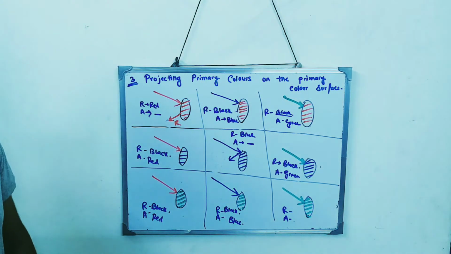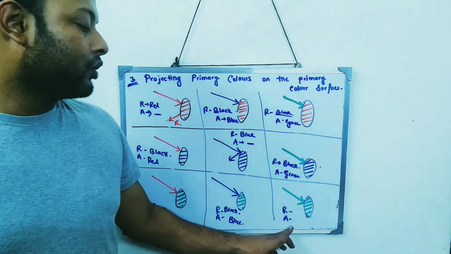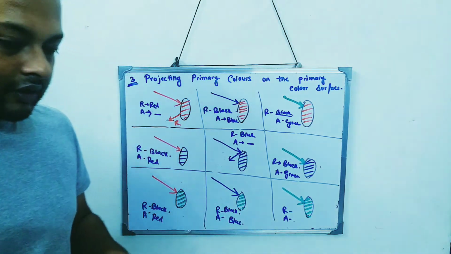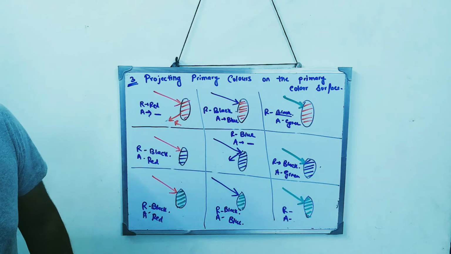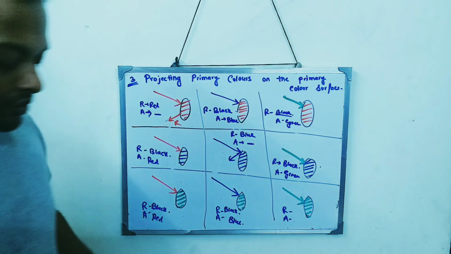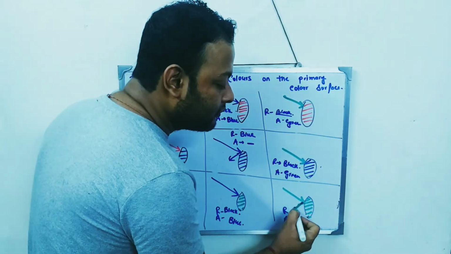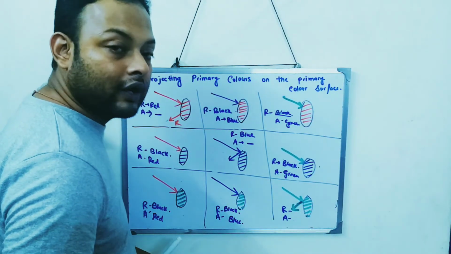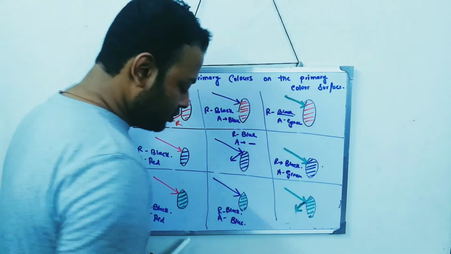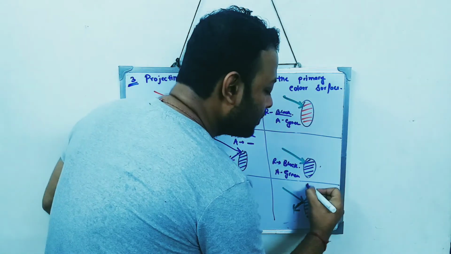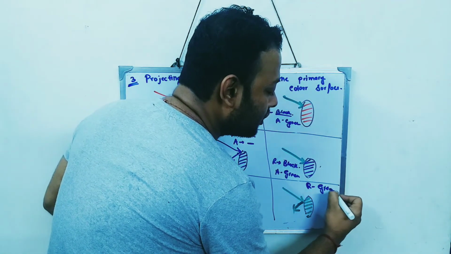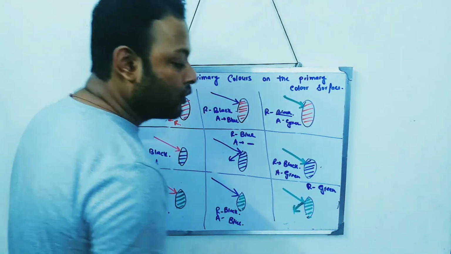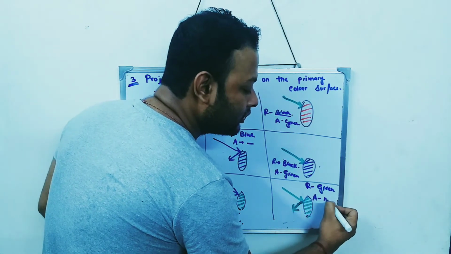Okay. Now over here, on a green surface, green color is coming. So now it will reflect that green color. So what is getting reflected? The green. And what is getting absorbed? Nothing.